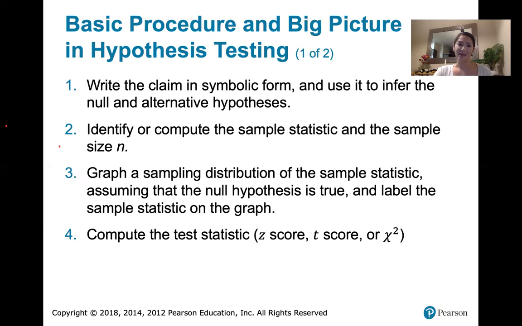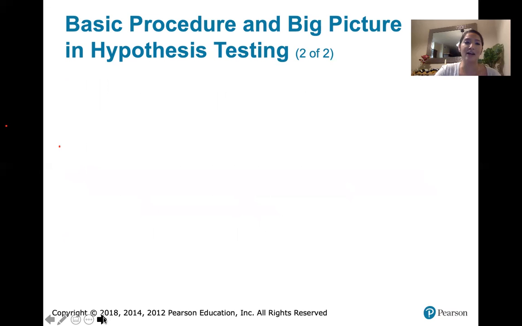So we're going to skip that, but we will touch on it briefly in lesson 8.1. So you compute the test statistic that corresponds to that sample statistic. And that test statistic is just going to allow us to determine whether the sample statistic value that we obtained is significantly high or significantly low.